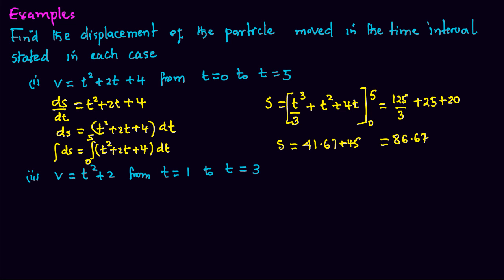In the second case, we have ds over dt is equal to t squared plus 2, so that ds is t squared plus 2 dt.